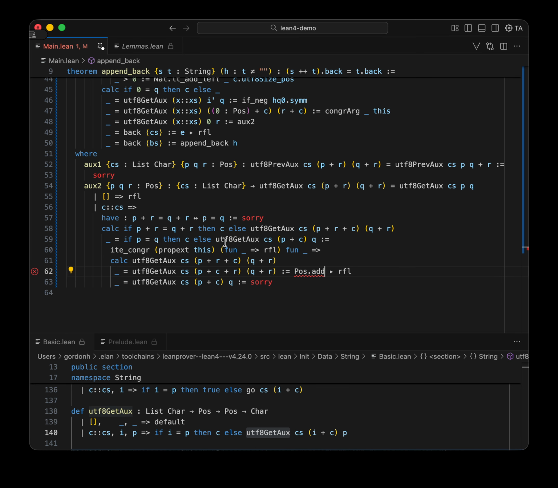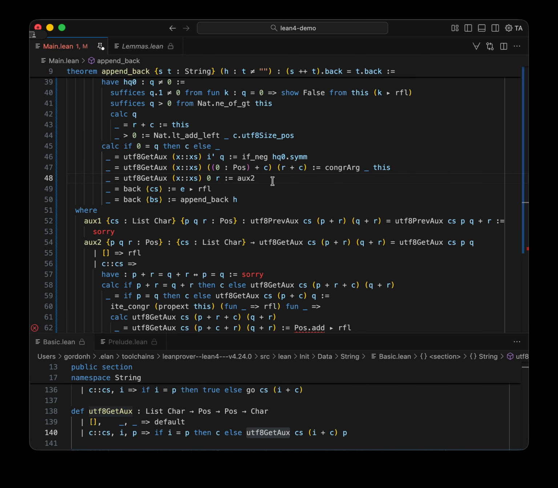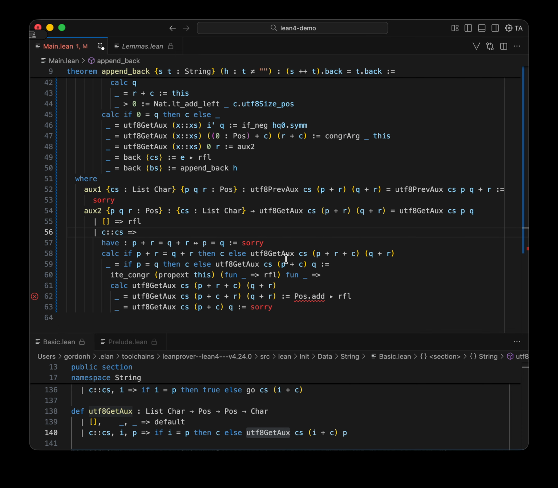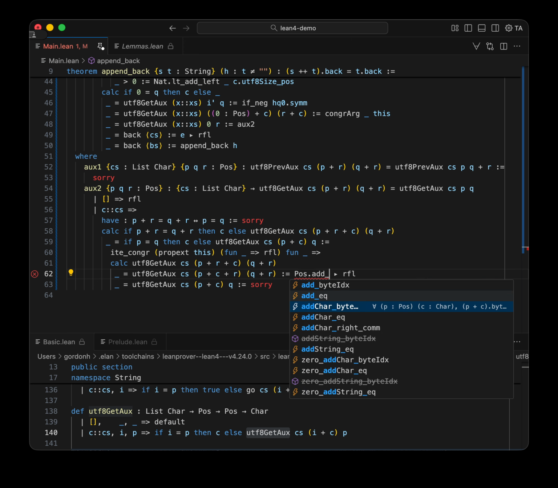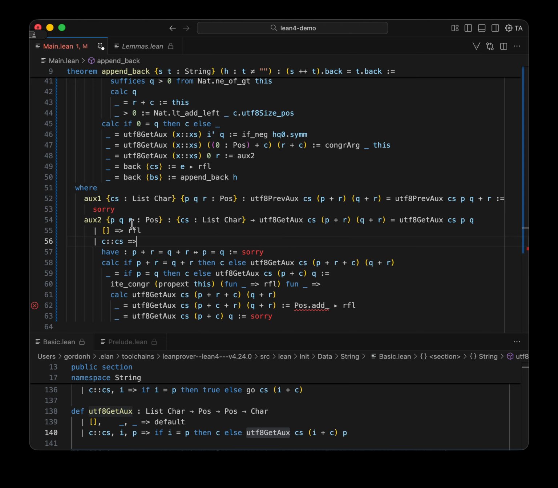Okay, two ways to do this. First, recall that when we are using auxiliary two, we're actually only advancing by another character. So R can be replaced by a character, and then the type will be correct for add char equal char right commute.